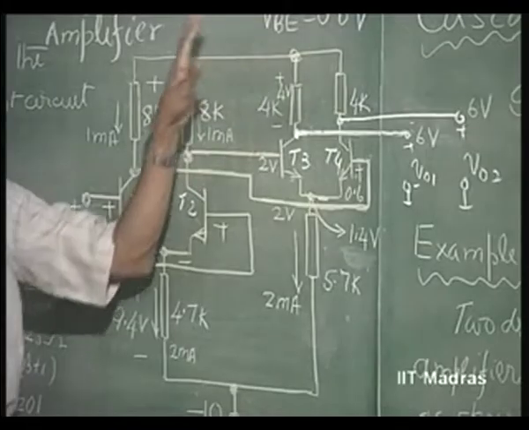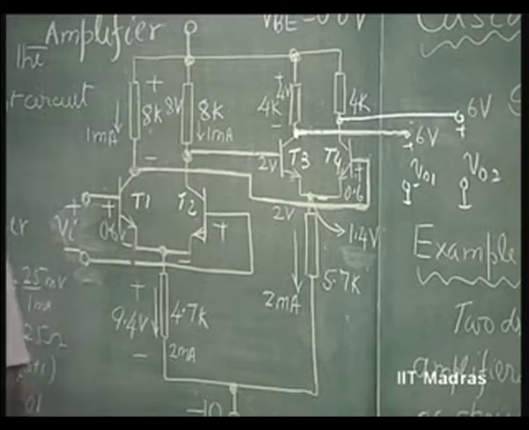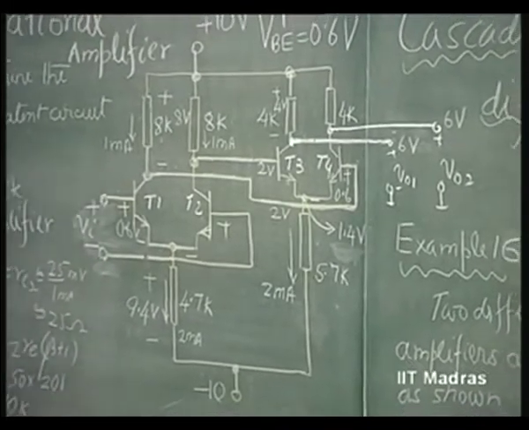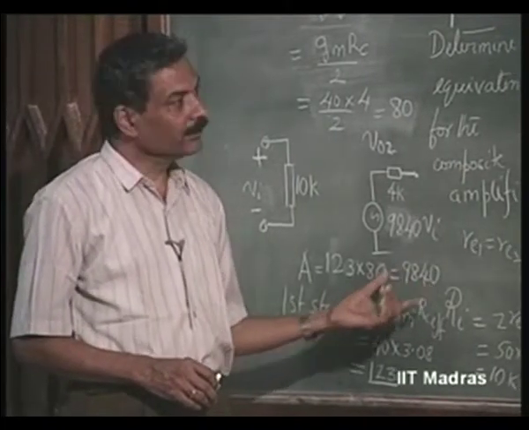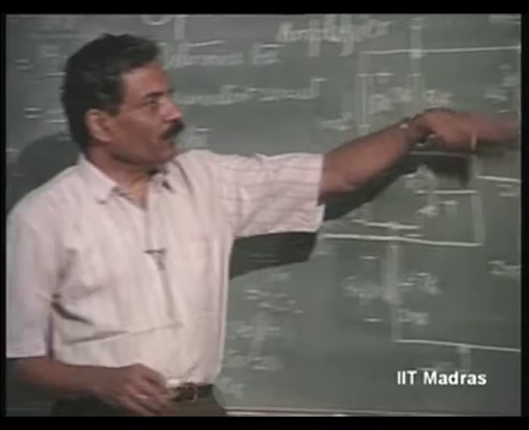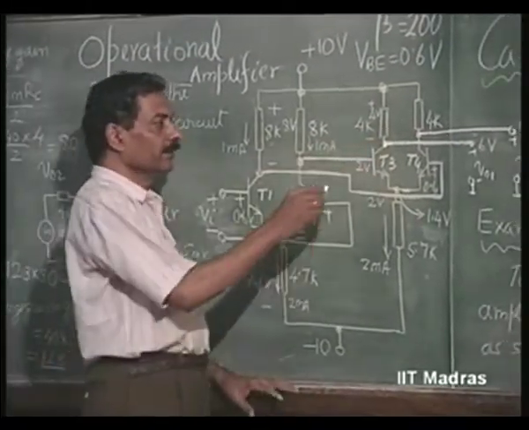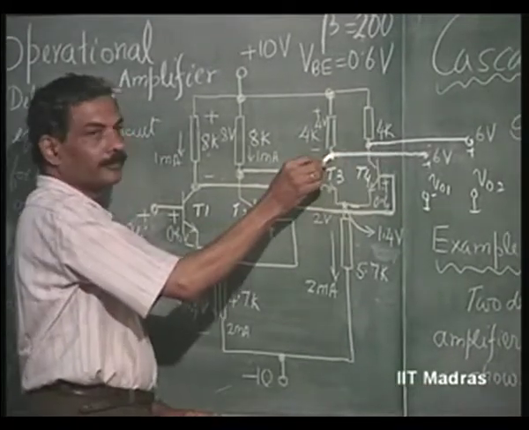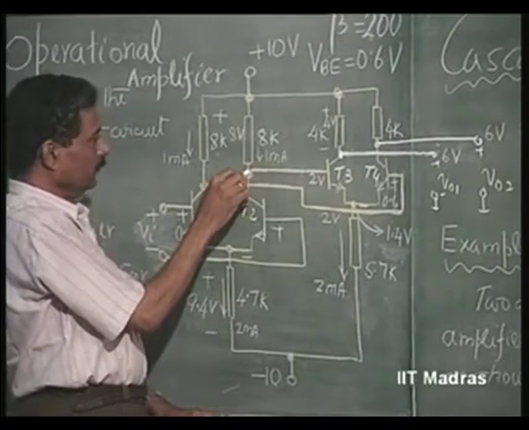Now, let us once again see the gain being of the order of 10,000 or so. For the swing, what will be the swing available here? Can you think of? See, this is at 6 volts, this is at 2 volts.